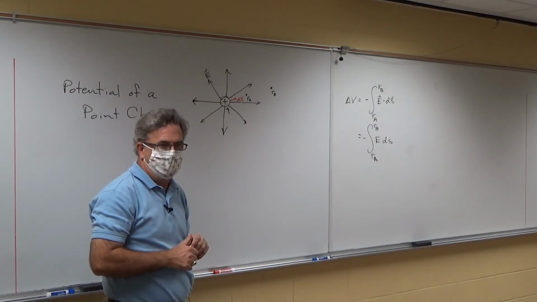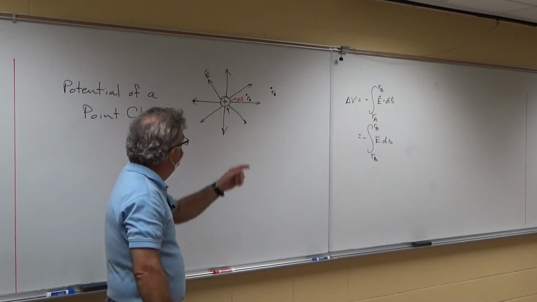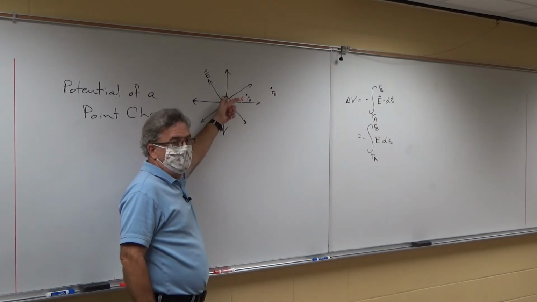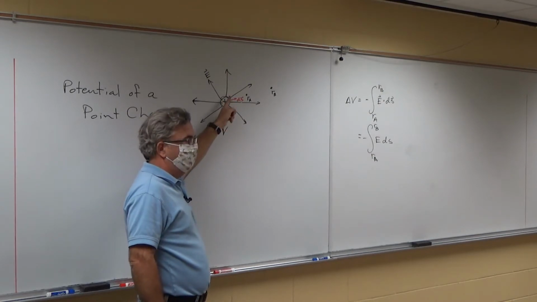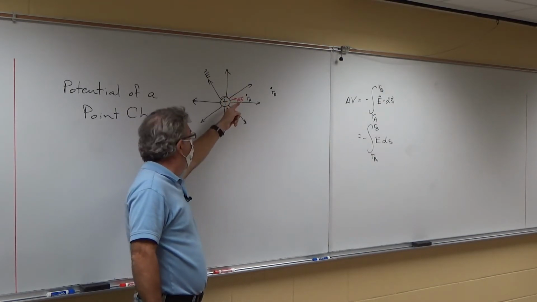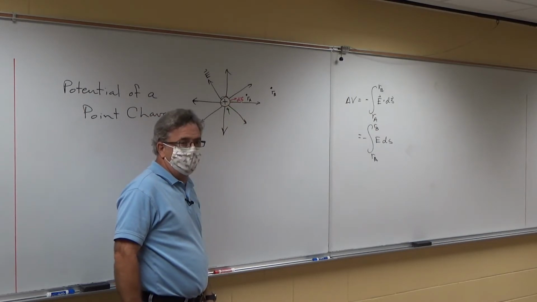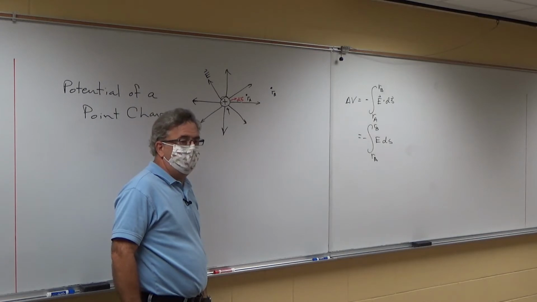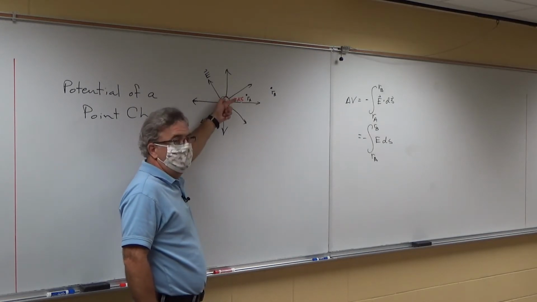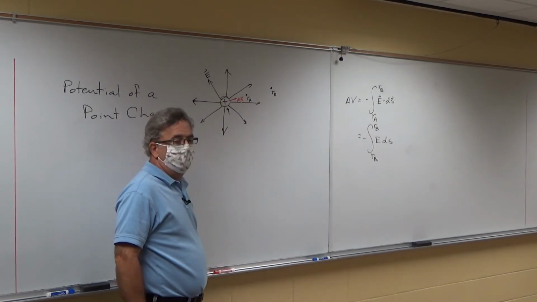Any direction I choose that points from the center of the charge outward, I have an electric field vector in that direction, including where ds is. Absolutely.